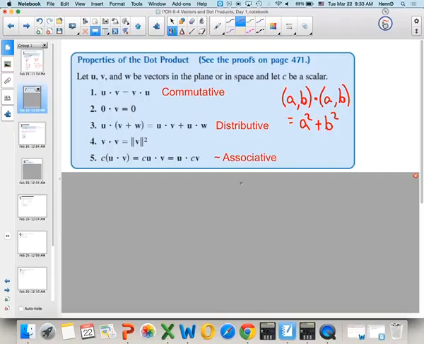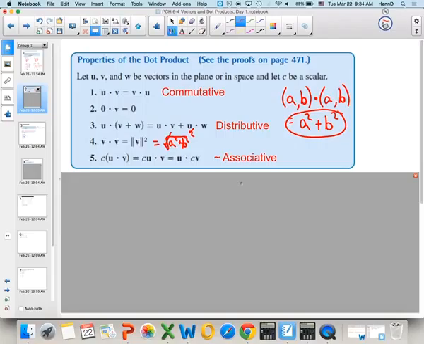Yeah, it cancels out the square root in the magnitude. The magnitude of v is the square root of a squared plus b squared, but if we square that, we get this. So actually, we just proved that property: the dot product of a vector with itself is the magnitude squared.